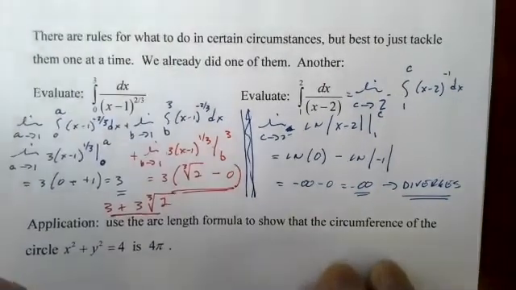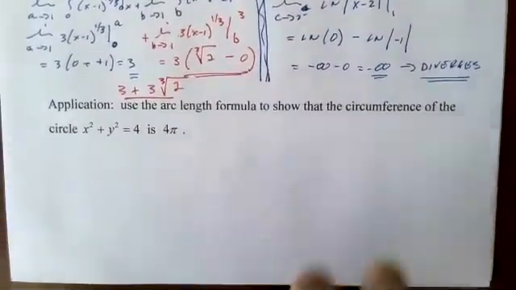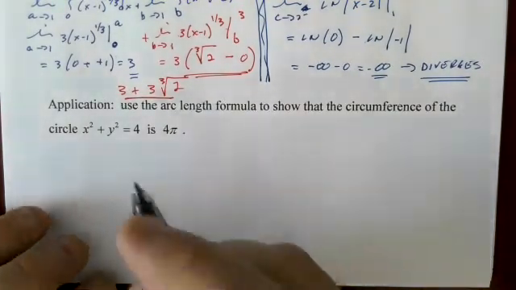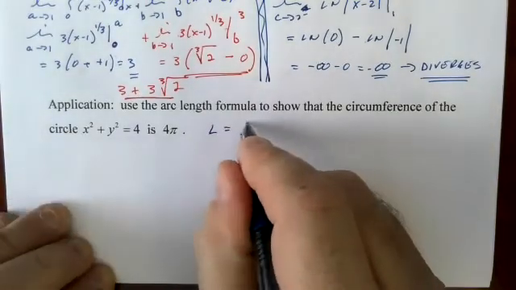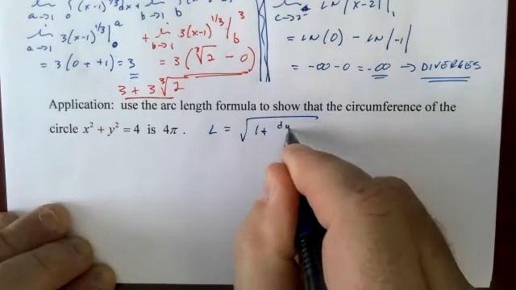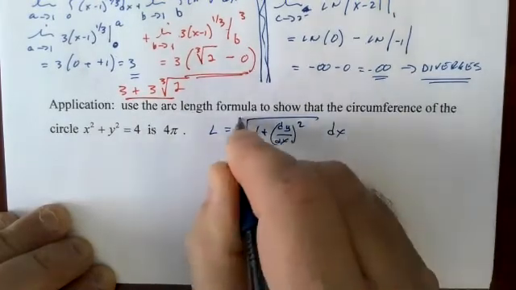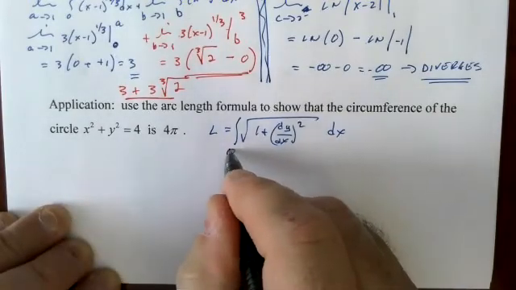Okay, let's see if we can figure out how the arc length formula shows that the circumference is 4 pi. I recall the arc length formula is the integral of the square root of 1 plus dy dx squared, dx, and in this case it's going to be from 0 to 2.